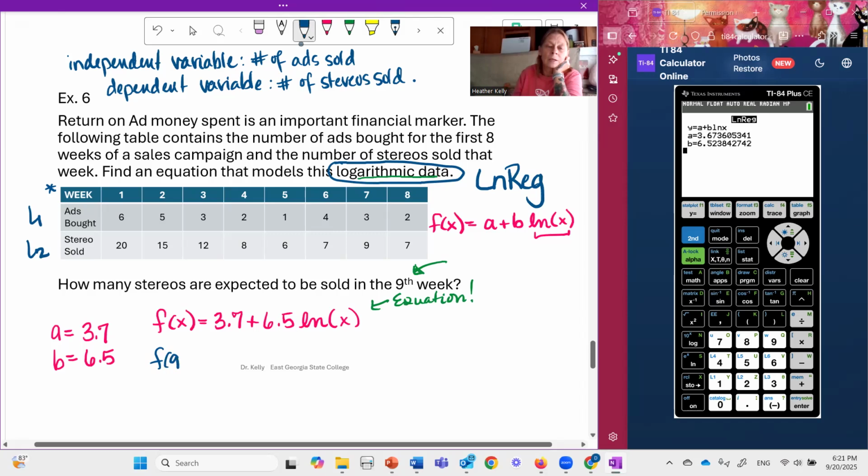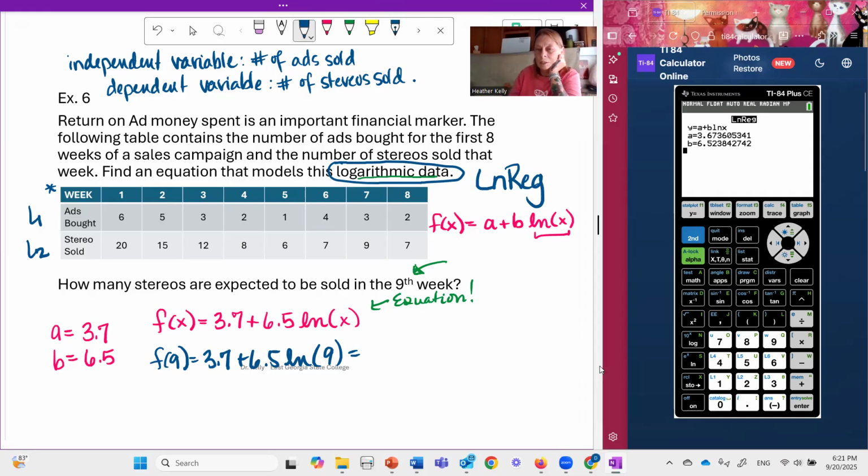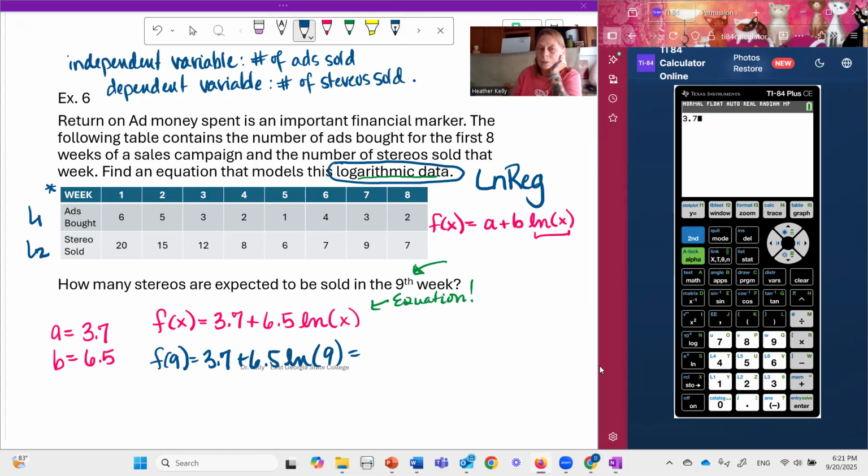F of 9 is equal to 3.7 plus 6.5 ln of 9. And let's see how that goes in the calculator here. So we'll say 3.7 plus 6.5 ln, here's the button, ln of 9, close parenthesis, enter.